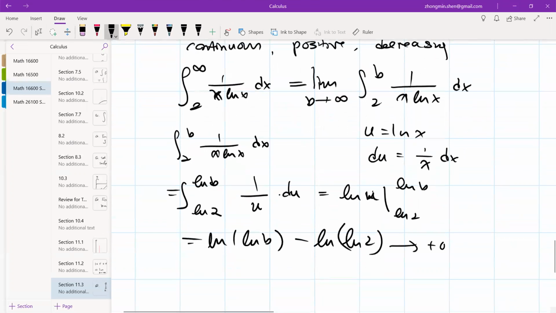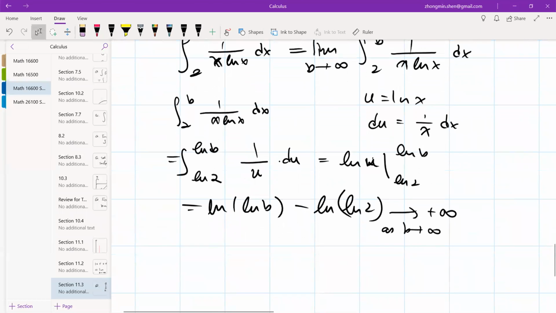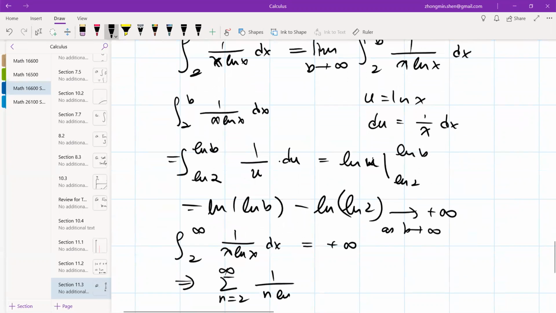Clearly, it approaches positive infinity as b approaches infinity. So it's divergent, right? So this is divergent. That is going to be, yeah, so that implies divergent.